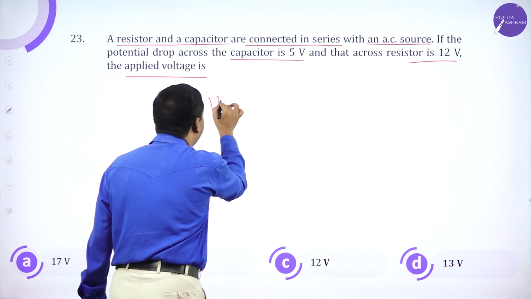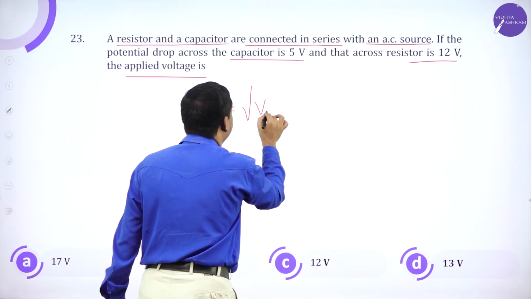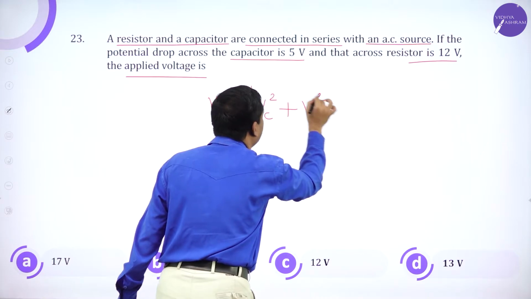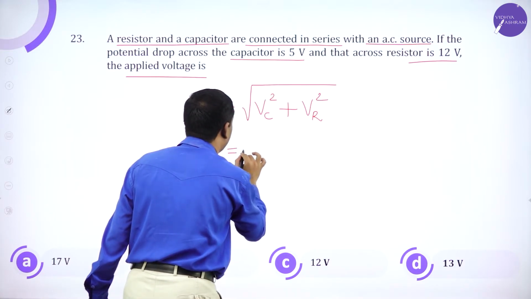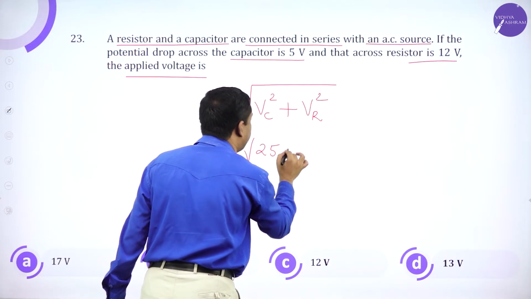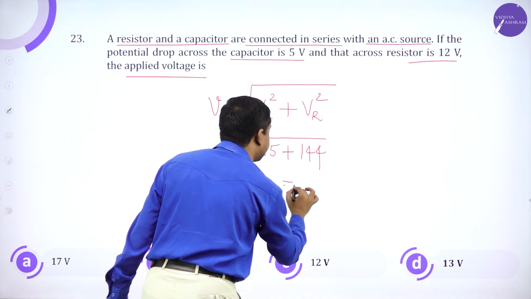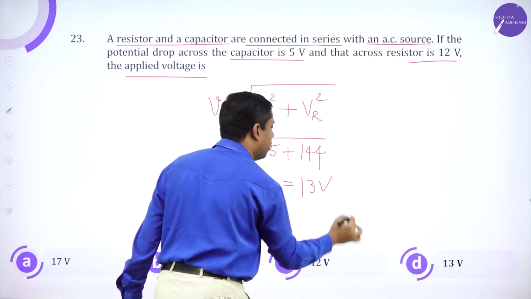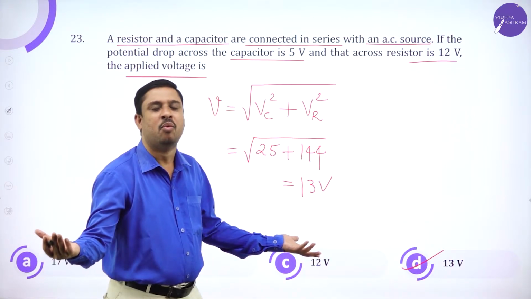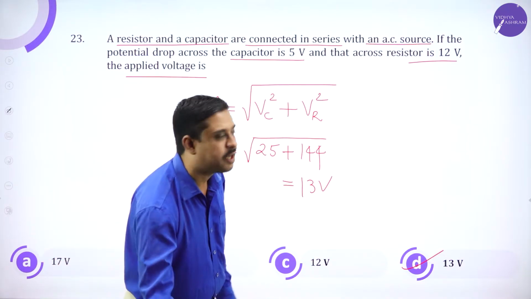So applied voltage is root of VC square plus VR square. Root of 5 square is 25 plus 144, root 169. So 13 volts is the answer. Very simple. What game do we have? Know the expressions, arrive at the answer.